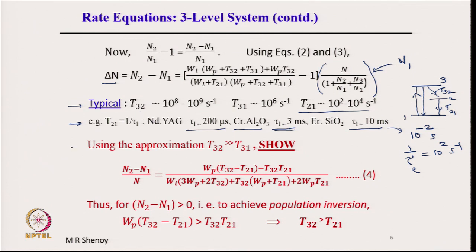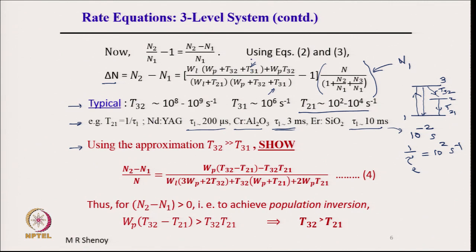So, therefore, using the approximation, T32 is much greater than T31. For example, here there are 2 orders of difference, which means we are neglecting this term T31 here and here. In comparison to T32, we neglect T31.